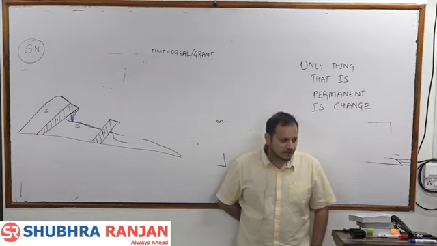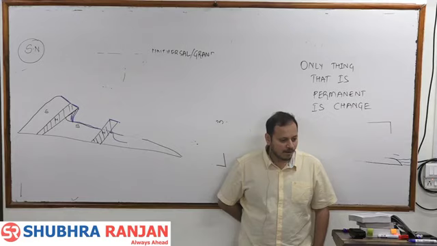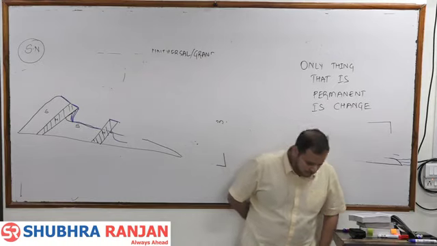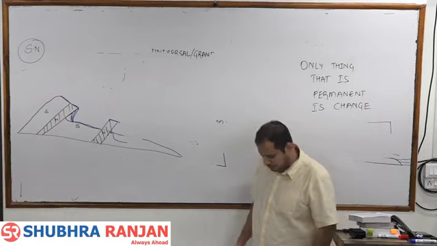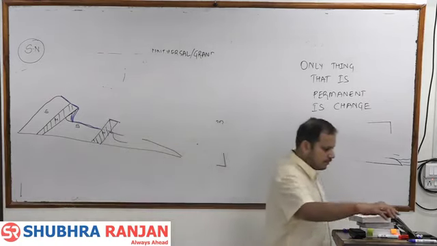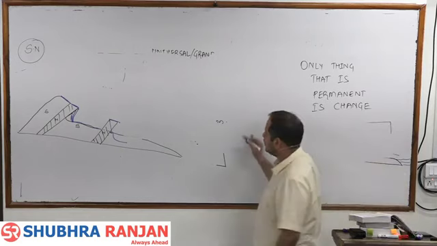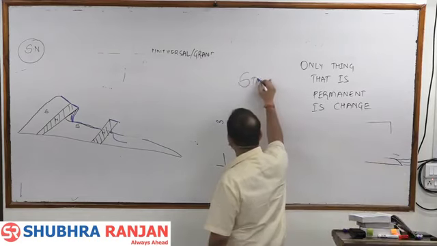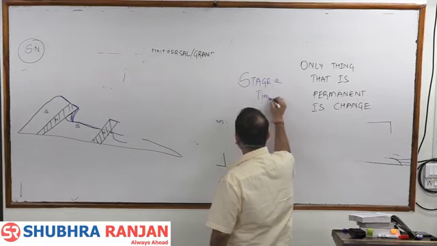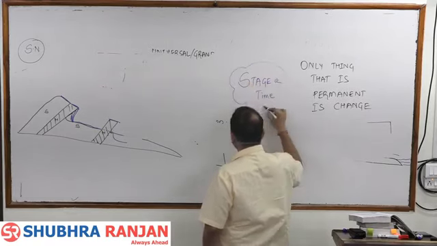This is a major criticism of the Davisian school, which overemphasized stage or time.